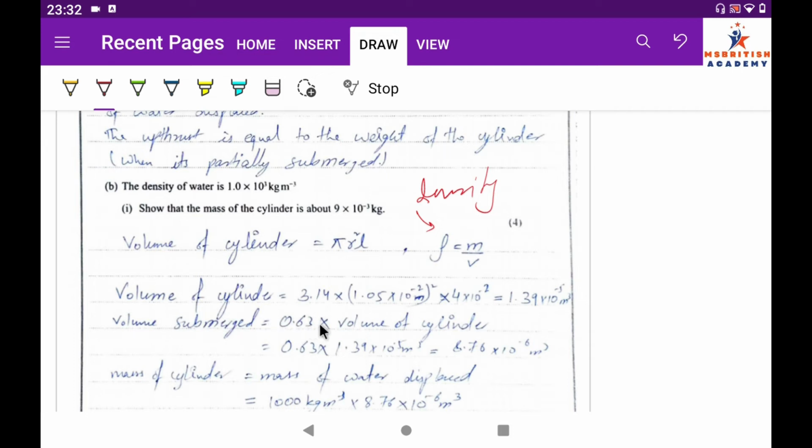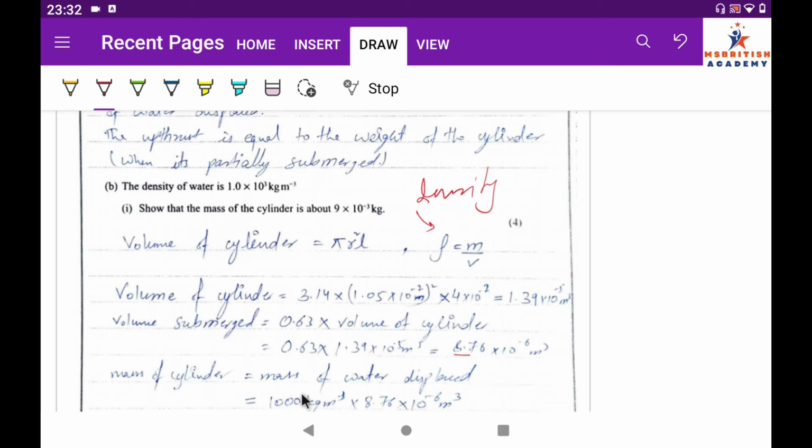The volume submerged is 63%. So the volume submerged will be 0.63 into the volume of cylinder, and after calculating we will get 8.76 into 10 raised to minus 6 meter cube. The mass of cylinder is the mass of water displaced.